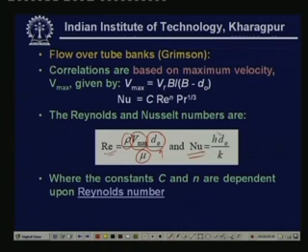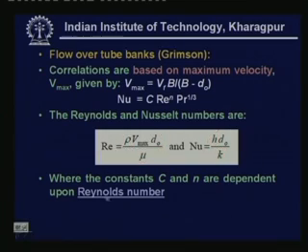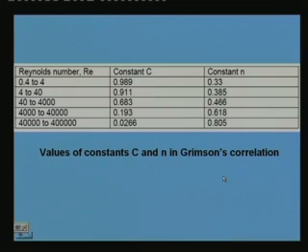Similarly, the Nusselt number is given by h into D naught divided by k, where k is the thermal conductivity of air and h is the convective heat transfer coefficient. So, first find out the Reynolds number and Prandtl number, then find out the Nusselt number, and from that find out the heat transfer coefficient. The constants C and n depend on the Reynolds number. For example, these constants are given in this table.